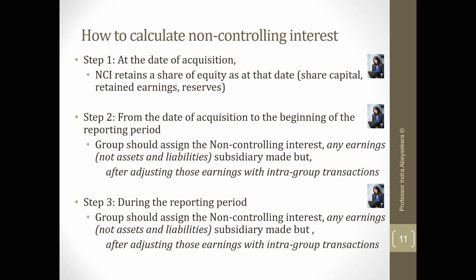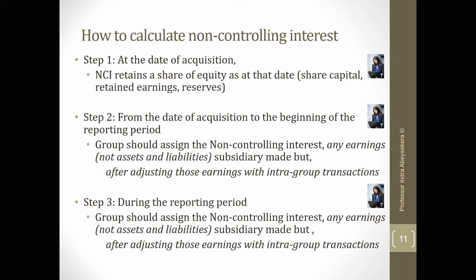So step one is at the date of acquisition, how much should be given to NCI, and step two is how much should be given from the date of acquisition to the beginning of the reporting period, and third is how much should be given from the profit that was made during the reporting period.